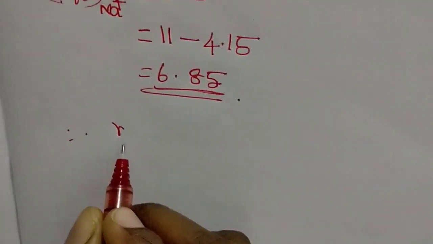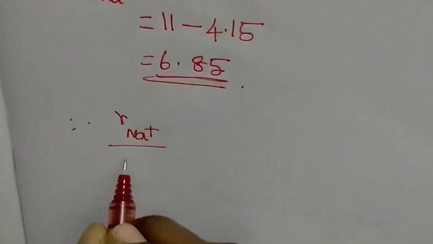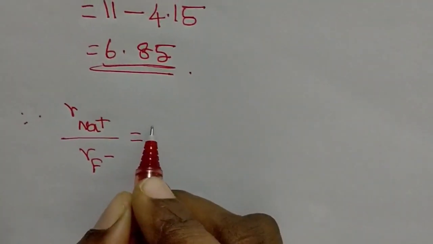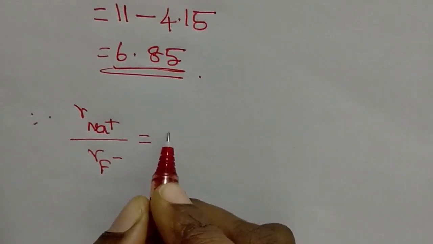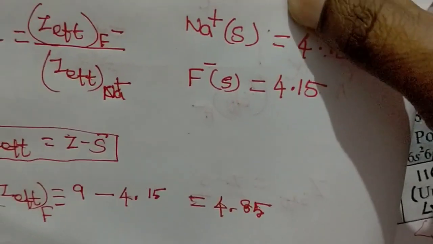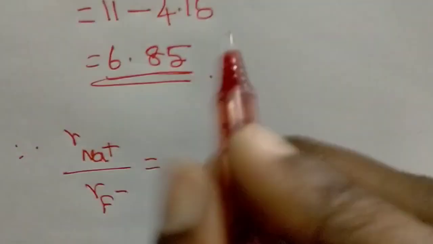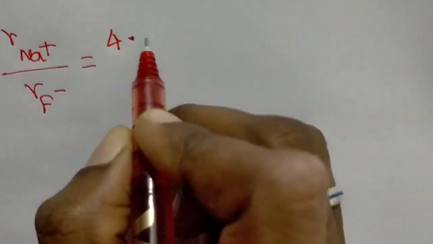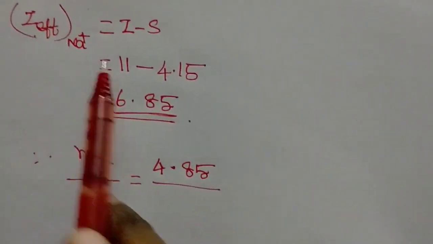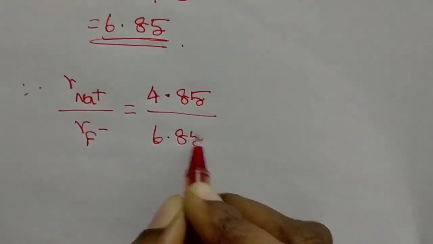So r_Na+ divided by r_F- is equal to the effective nuclear charge of F-, which is 4.85, divided by the effective nuclear charge of sodium, 6.85.